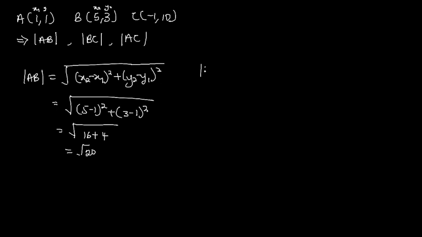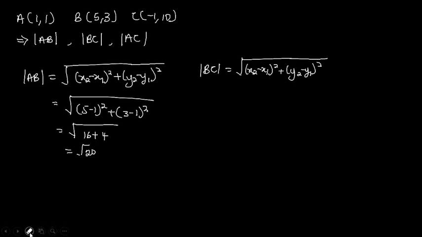Now let me find BC. So the formula is still the same, x2 minus x1 all squared plus y2 minus y1 all squared. Now for this particular case, because we are using B and C, our coordinates will change. So since B is the first point over here, this becomes x1 y1, here is x2 y2.